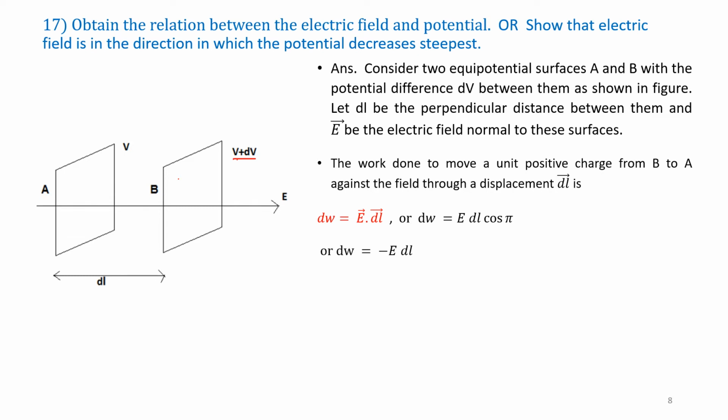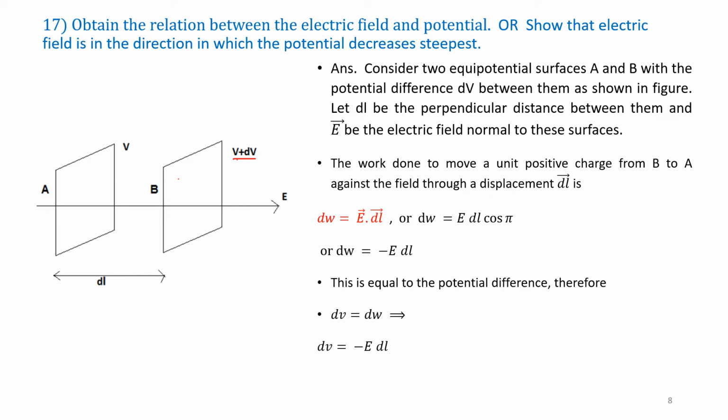Or dW is equal to minus E dl, since cos pi, that is cos 180 degrees, is minus 1. This is equal to the potential difference. Therefore dV is equal to dW. This is the potential difference as we are moving from plate B to plate A. The potential difference is dV, which is stored in the form of work done.